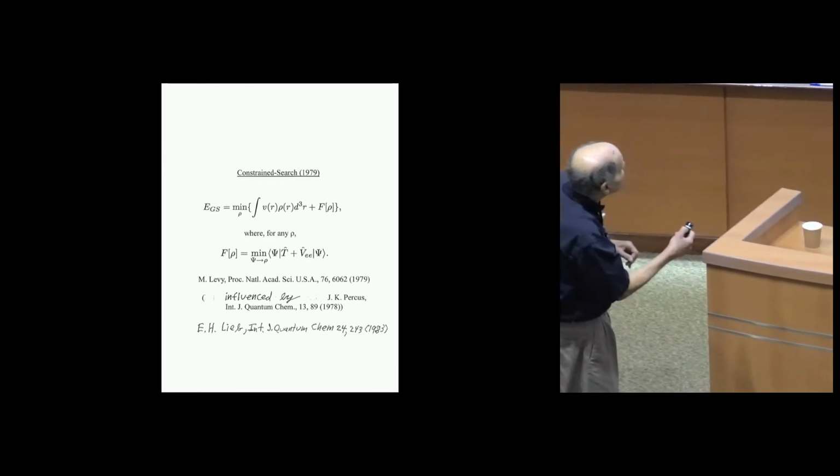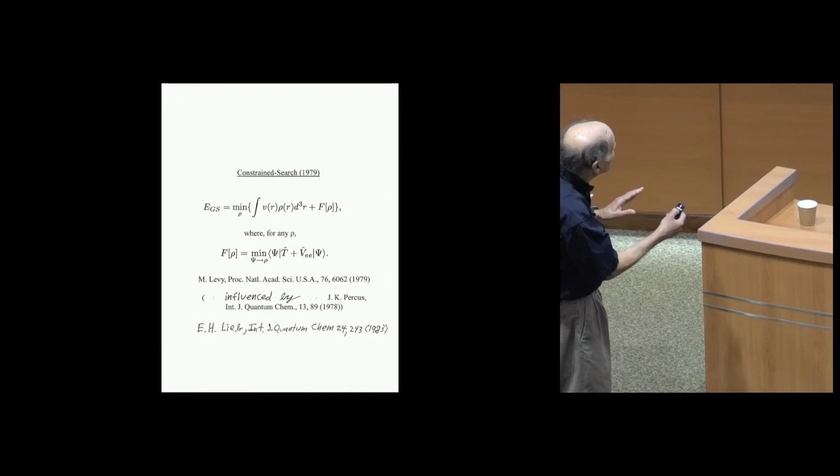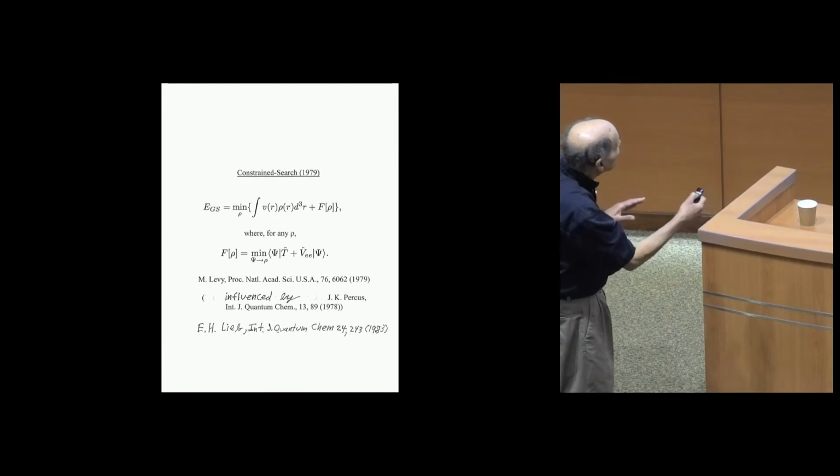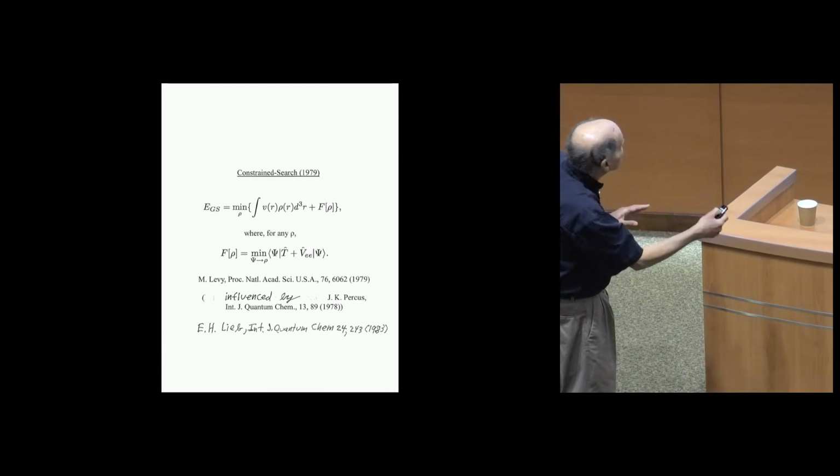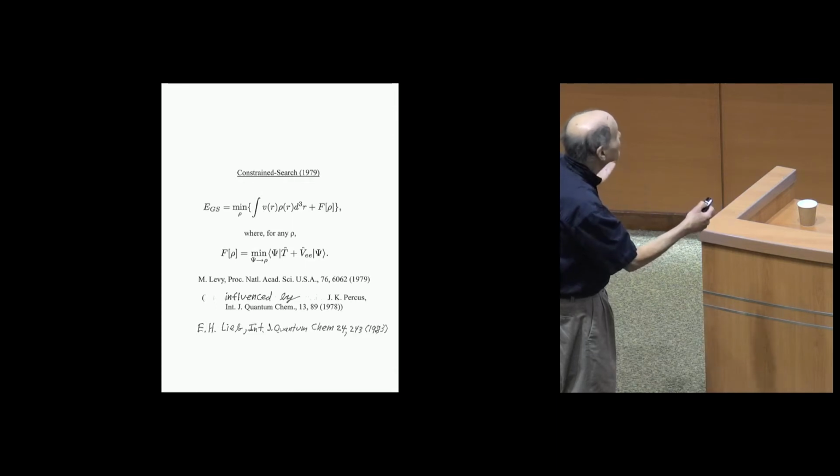You should actually first write this as an infimum, which is the lowest value of the integral of the wave function that yields the density. That's the value of the integral, and that's valid, of course, and all this is valid. Okay, you write this as an infimum, it's the lowest value of the integral.